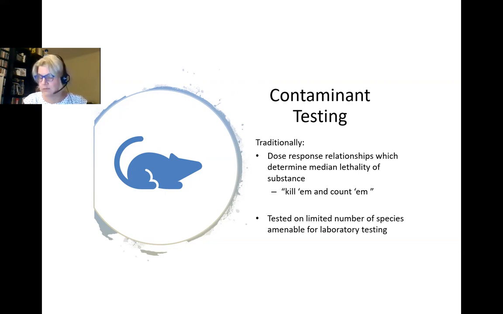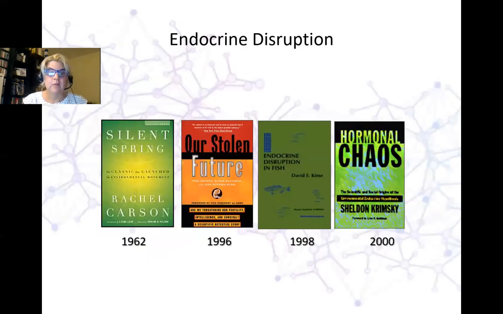It started in the 60s, where we started to look at DDT effects. We were noticing that DDT had harmful sublethal effects: it wasn't killing a lot of birds overtly, but it was causing sublethal effects which led to population collapse, which was the focus of Rachel Carson's Silent Spring book back in the 60s.